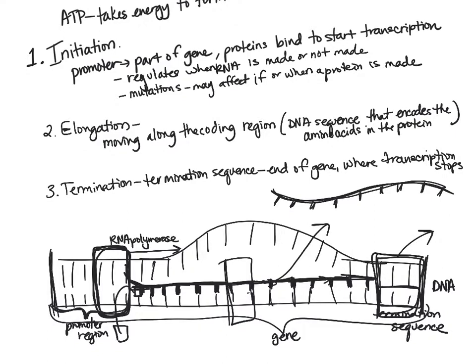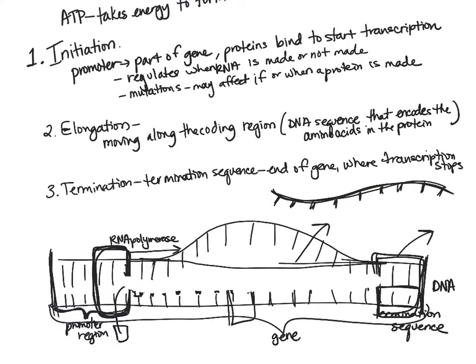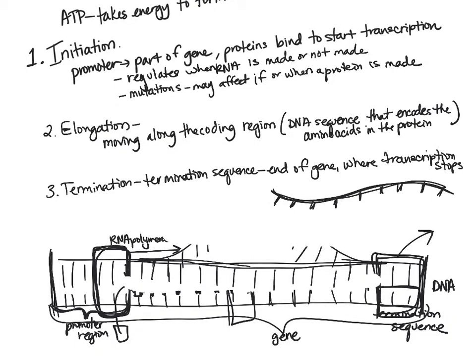Since our RNA is now out there, this is all gone, and this DNA can move back down and be complementary base paired once again, because we no longer need to make that protein since we've already gone through the process of making the RNA. Or it can stay open, and we can have lots and lots of RNA polymerases going along over and over again to make lots and lots of our mRNA. And then that mRNA is going to go where?